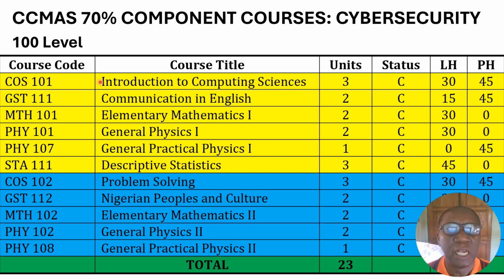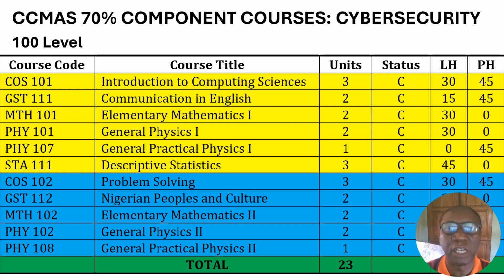You can see that the courses in yellow are the first semester courses because the course codes end with an odd number. And then the courses in blue color are the second semester courses. Why? Because the course codes end with an even number. Now, this is what is there in the 70% CCMAS component of cybersecurity with a total of 23 units. So that's the first step.